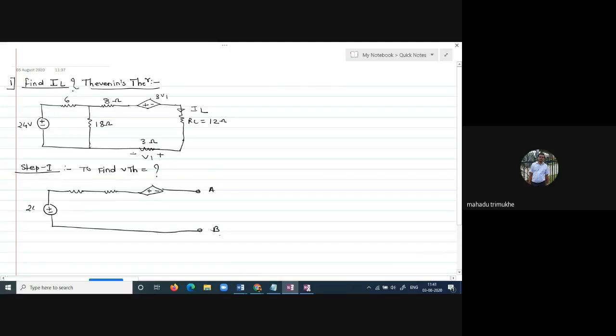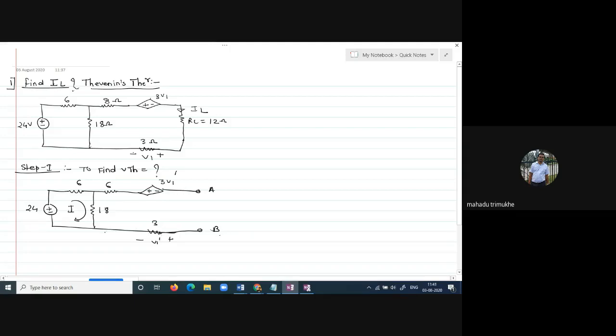24, 6, 6, 3, V1 dash, 18, current I, and here the resistance, that is V1 dash, positive, negative.